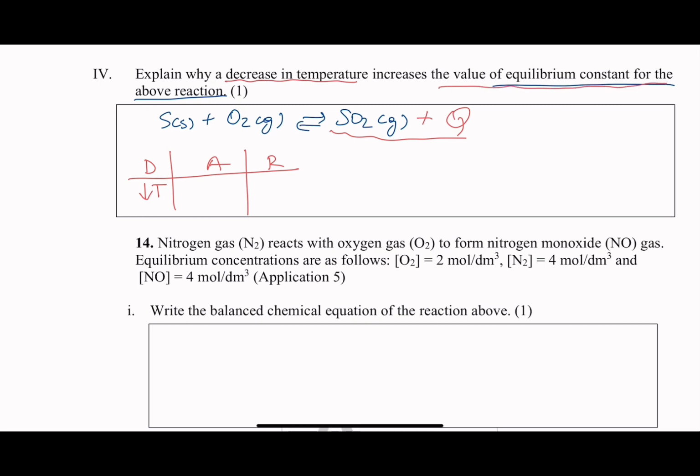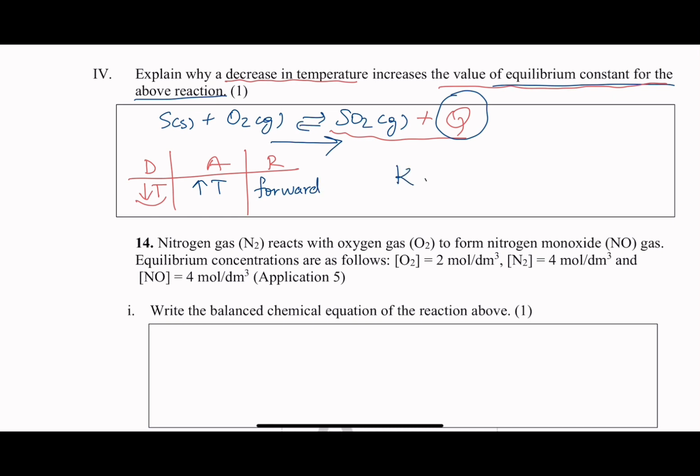So if we use our principle, I know that my disturbance is decreasing the temperature. My action would be increasing the temperature. So in order to increase the temperature, which side am I going to go? I'm going to go towards the right side, because this way I will make more heat and my temperature will go up. So it's going to go forward.